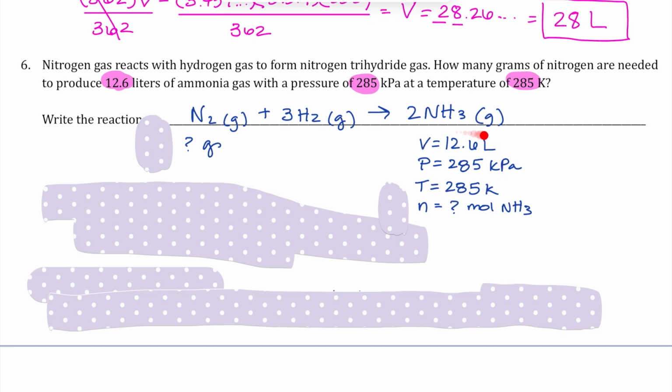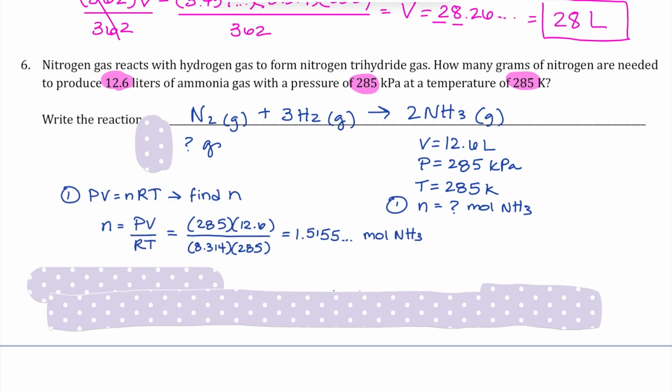Anytime we're dealing with whatever specific gas it's asking about, that's what we need to know moles of. So looking at what I have now, in order to find these grams, I'm going to need to know moles first. So my first step is going to be to find those moles using my ideal gas law. Using that pressure, volume, temperature, we can find moles, PV equals nRT.